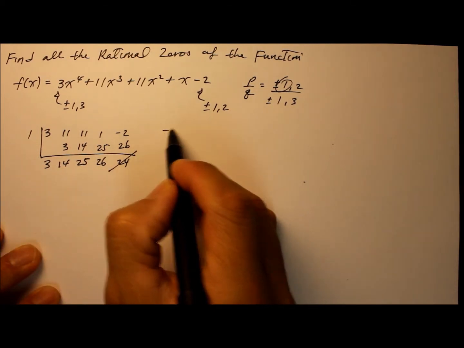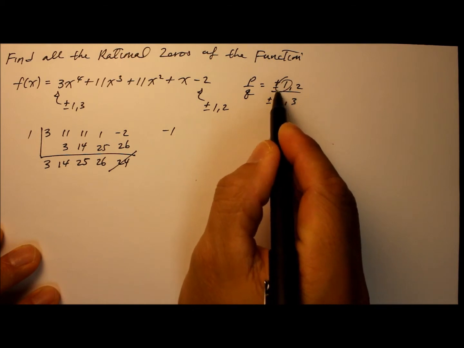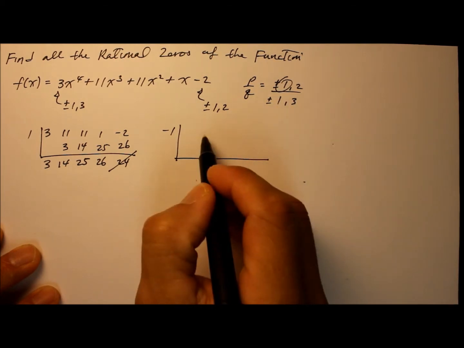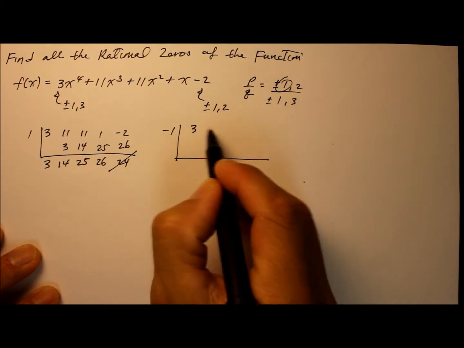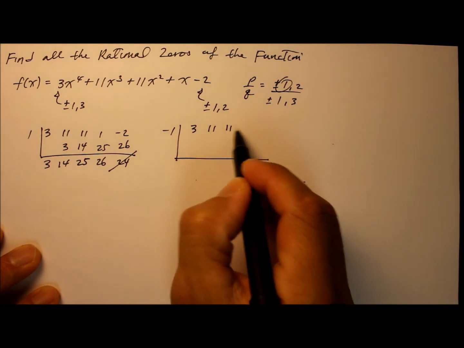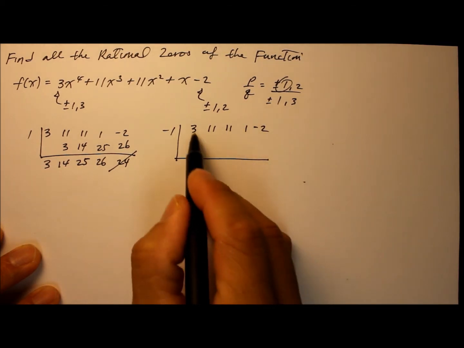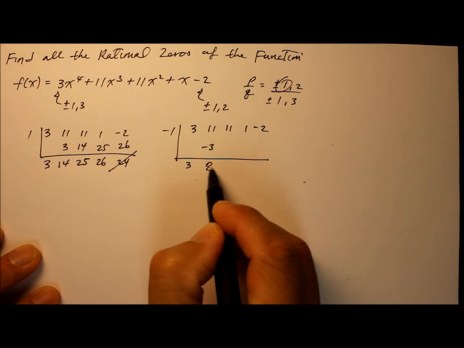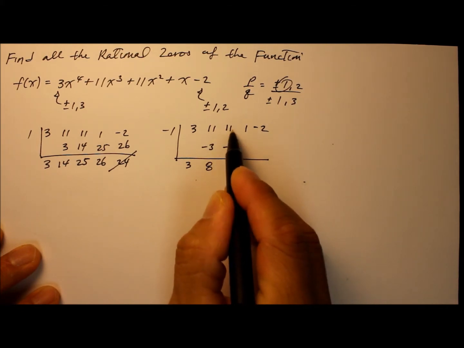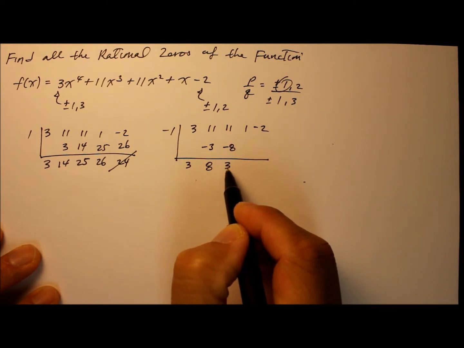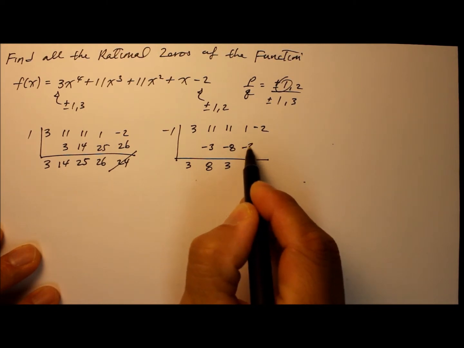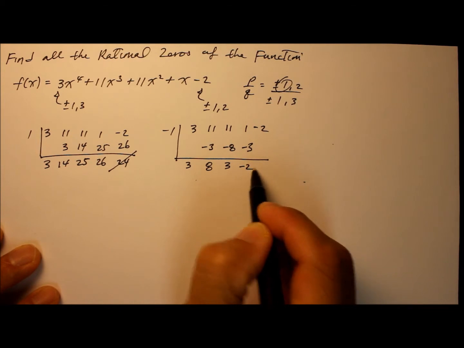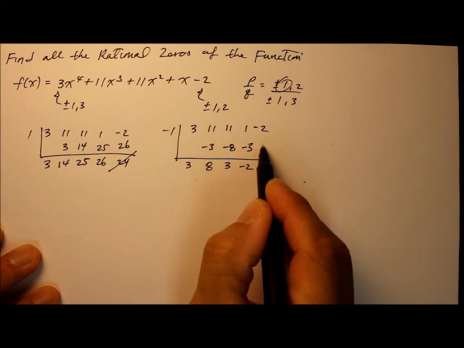But don't give up. Let's try the negative 1. Remember, it could be both positive or negative. And see how many times that goes into the coefficients 3, 11, 11, 1, and negative 2. Bring down the 3, negative 3, combine 8, negative 8, combine 3, negative 3, combine negative 2, negative and negative is positive.